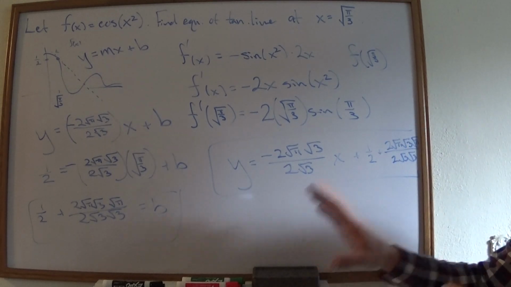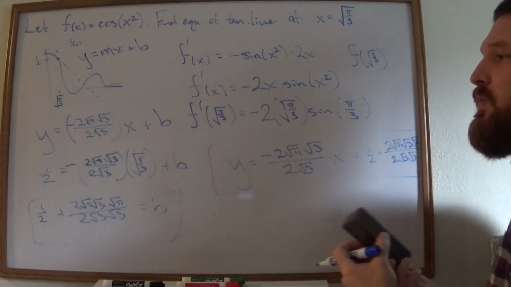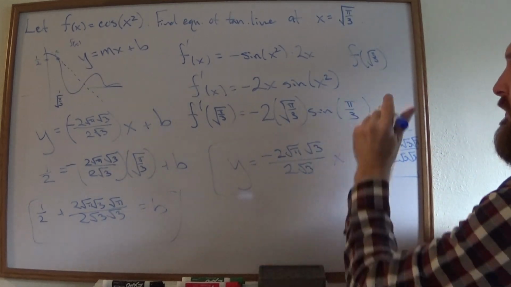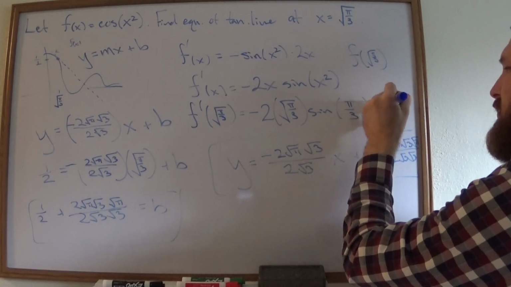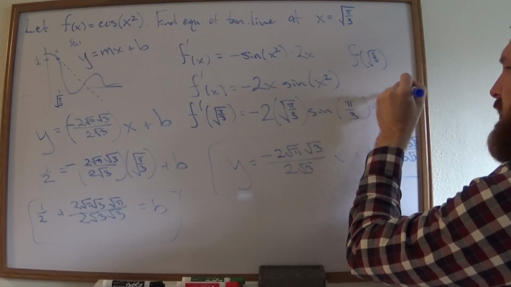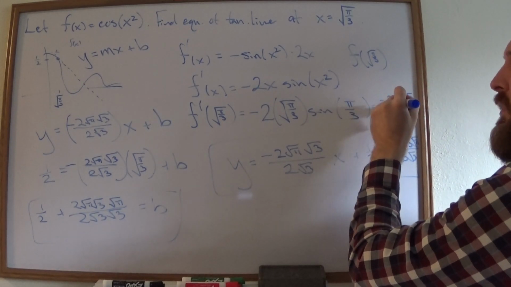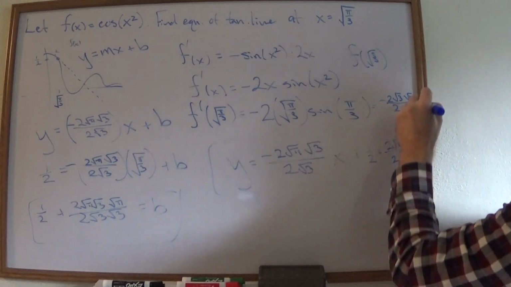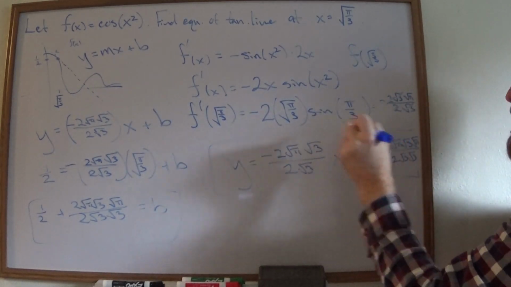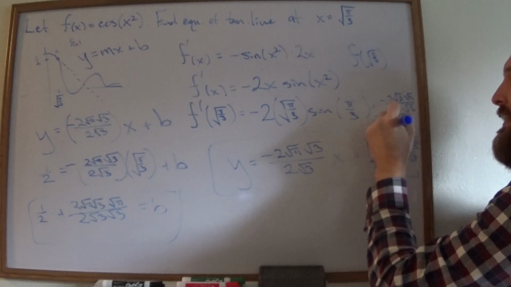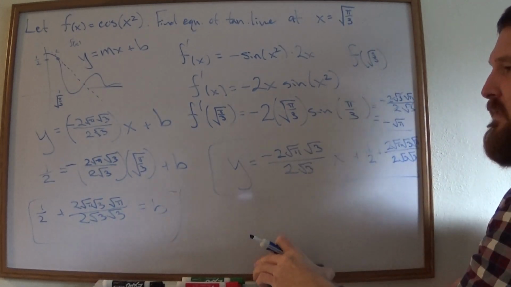So how would you actually have done this when you found that the slope was -2 root 3 root pi over 2 root 3? You would have canceled them, and you would have said the slope m is minus root pi. So what then would you have done?